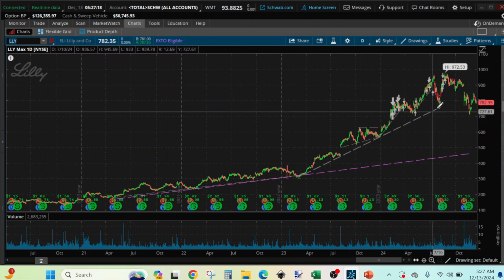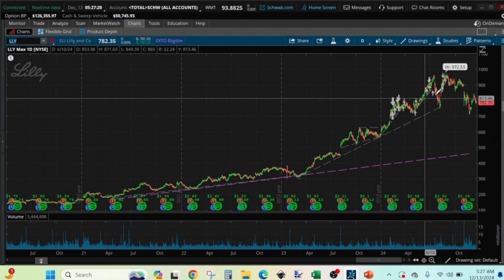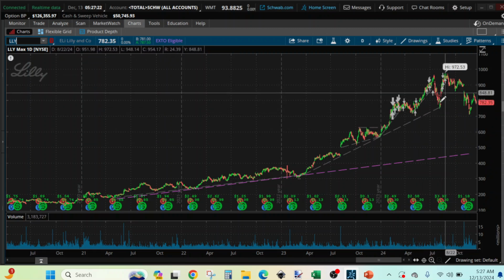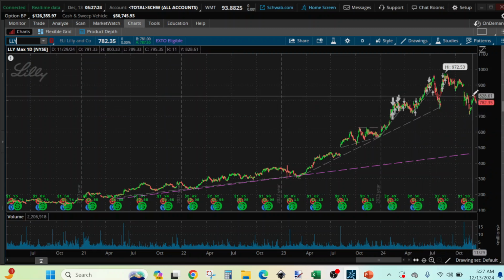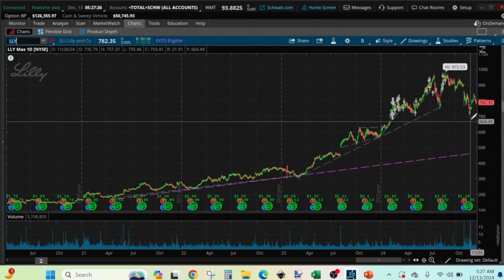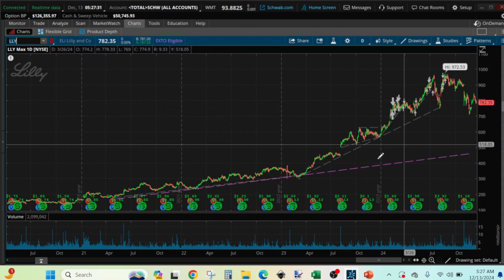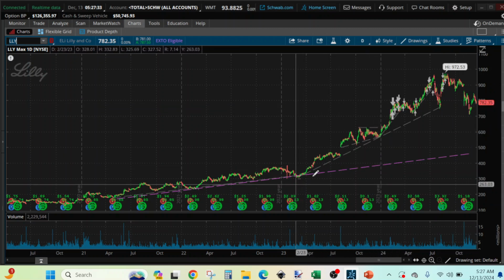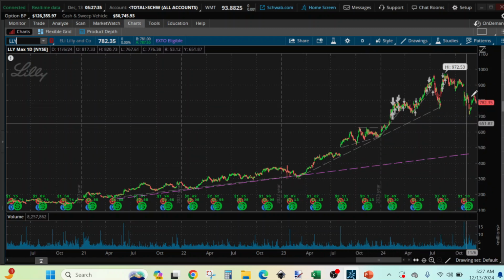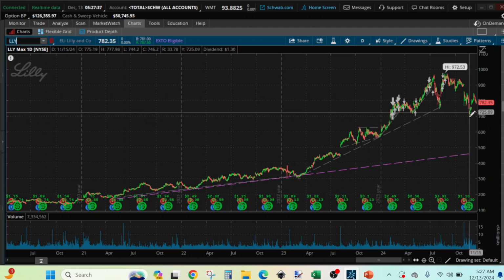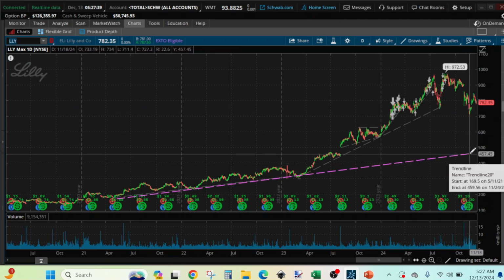Therefore, I do not want to trade it on that line. I have done it before on even shorter trend lines, but I do not want to trade on this trend line because clearly it went below it. And yes, I do know this line is a sign of a zone, but still I don't like it when they are well below it. I just prefer to wait on this.